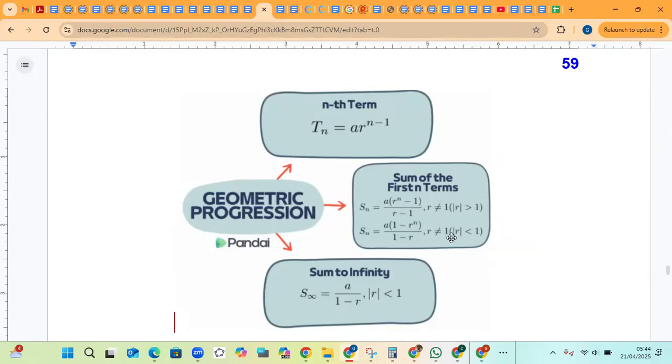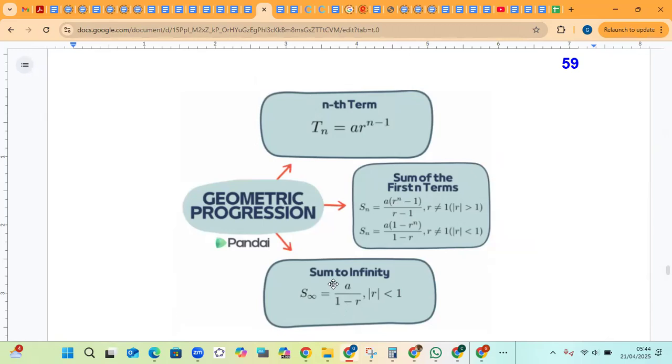But if r is less than 1, like a decimal 0.5, it is more convenient to use the other version, where you have 1 minus r to the n, because r will be smaller than 1. To avoid the negative sign, you can use that version. Either way, you will get the same answer. But just to avoid the negative, use this one when r is more than 1, and use the other when r is less than 1.